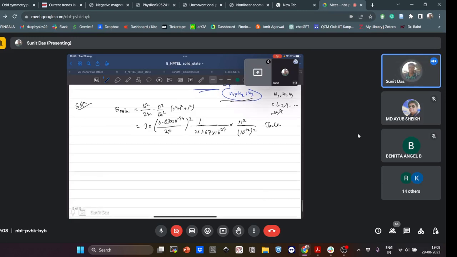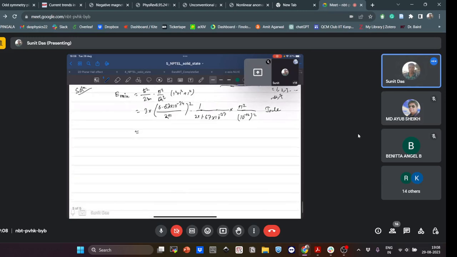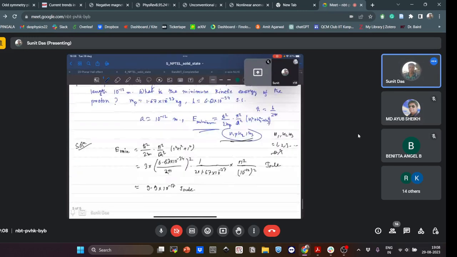If we calculate that, it will be around 9.9 × 10^-17 joule. Okay, so this was the solution.